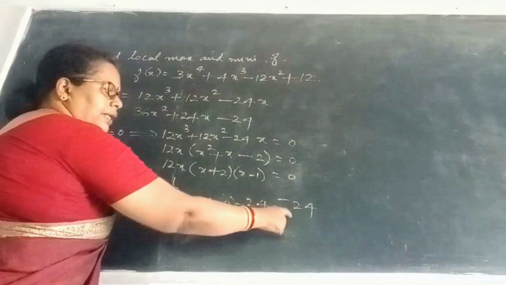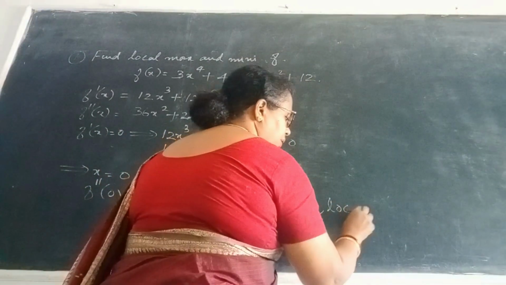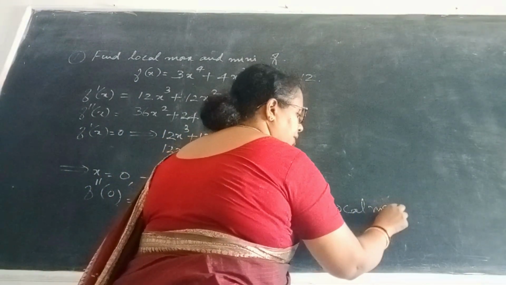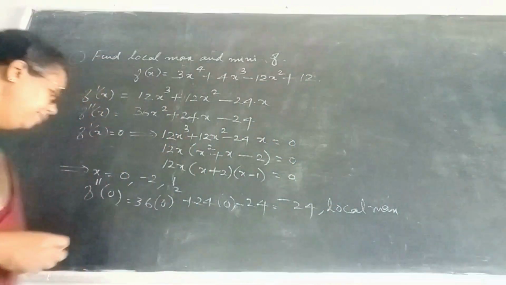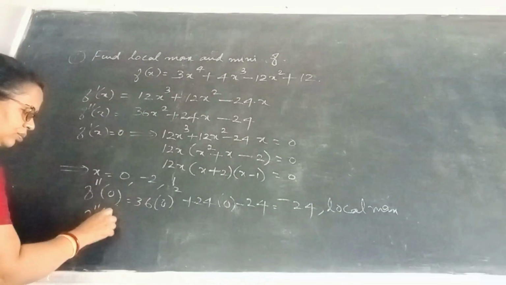Second derivative negative means local maximum. So 0 is a local maximum.